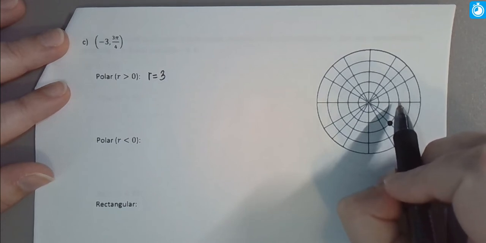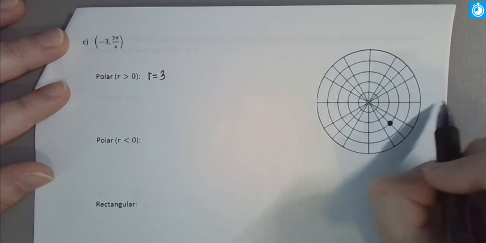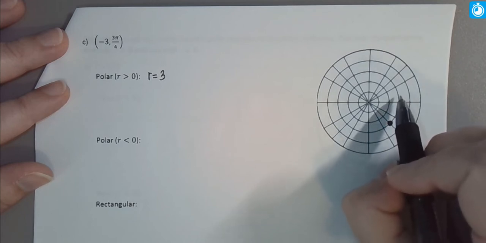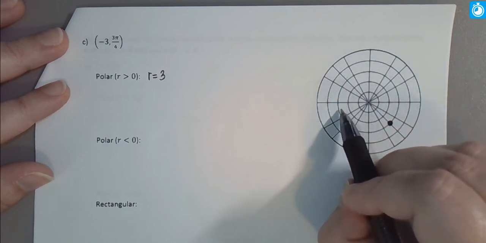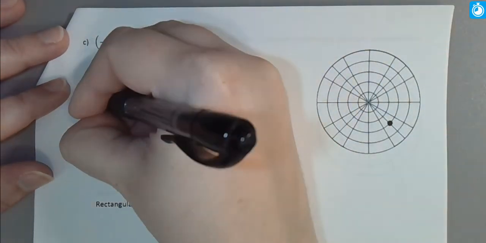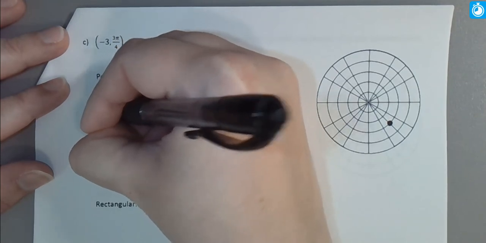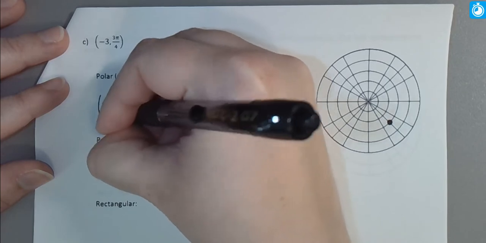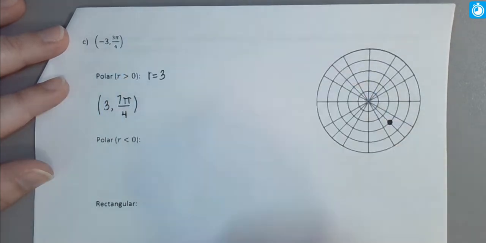So if we were to rotate from this particular location along the positive polar axis, how far would we have to rotate in order to get to this particular point? Well, we would have to rotate all the way around down into the fourth quadrant, which would be a total of 7 pi over 4 radians. So a polar representation where r is greater than 0 would be 3 and 7 pi over 4.